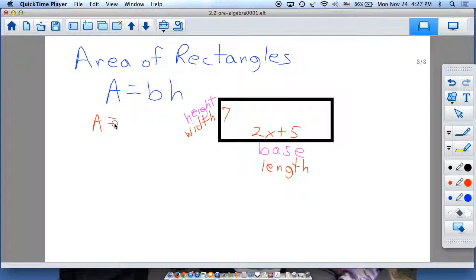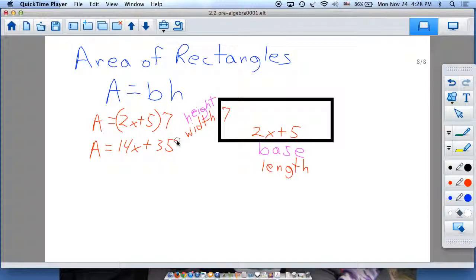So A equals a base of 2x plus 5 times the height or width of 7. So once again, we're going to distribute. So area is 7 times 2x, which is 14x, and 7 times 5, which is 35.